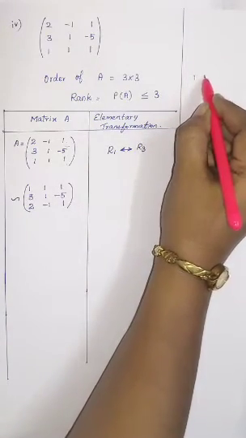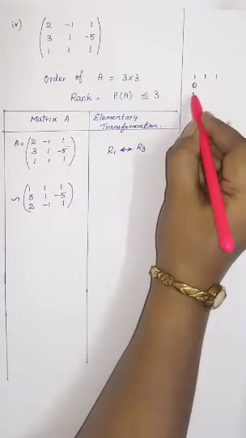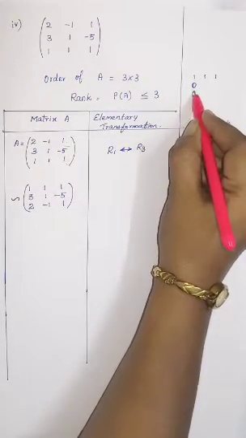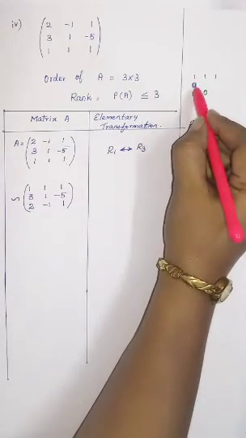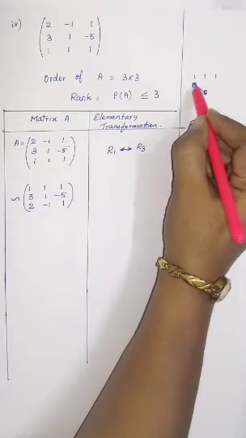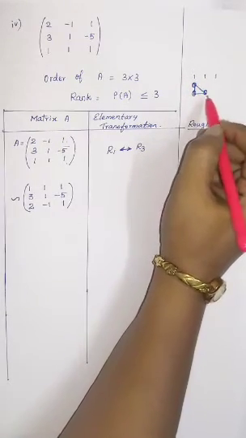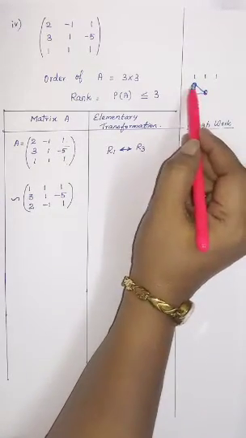You can have any number here, but this place has to become 0. Again in this place it has to become 0. Again in this place it has to become 0. That is, in your triangular format you should get zeros. Then this form is called echelon form.